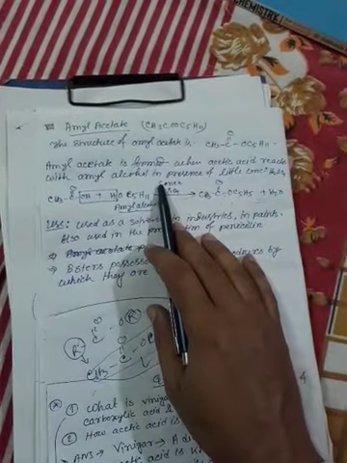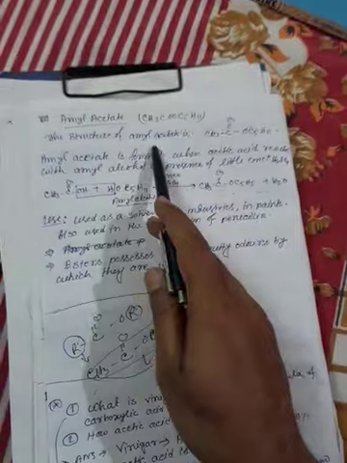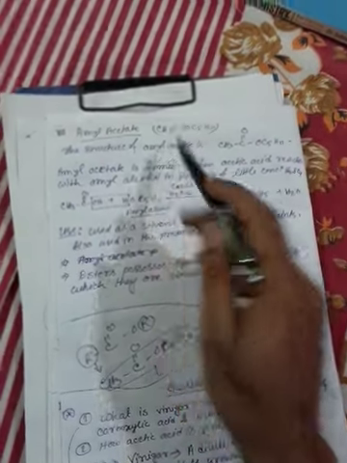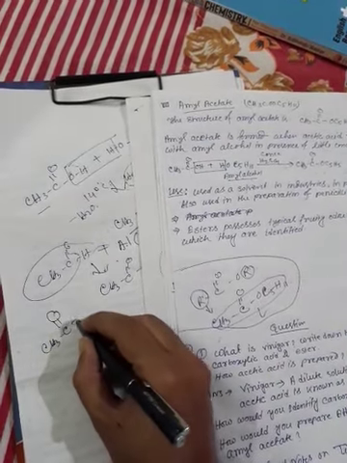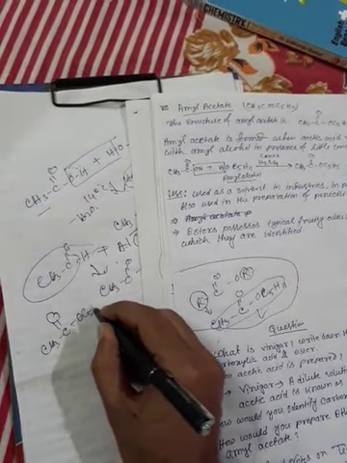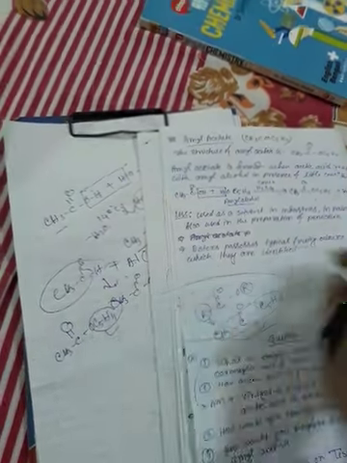Now the amyl acetate. The structure of amyl acetate is this: CH3 C double bond O C5H11. This is the amyl group.